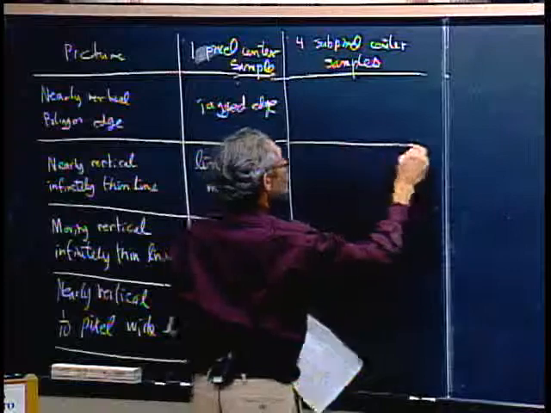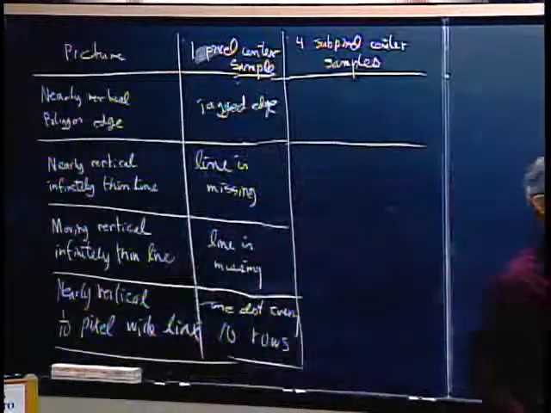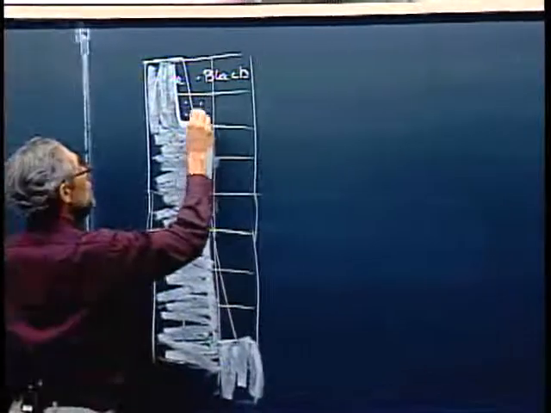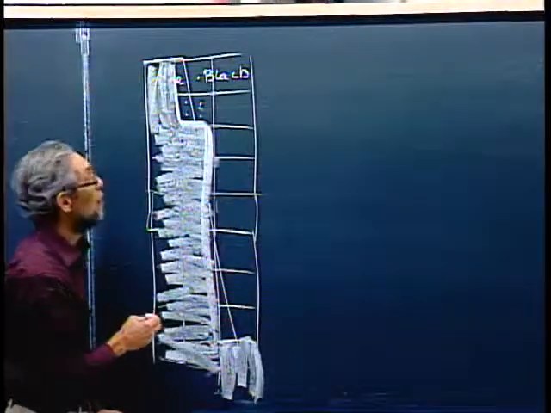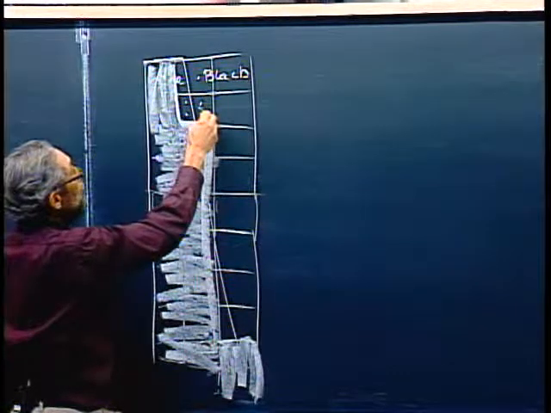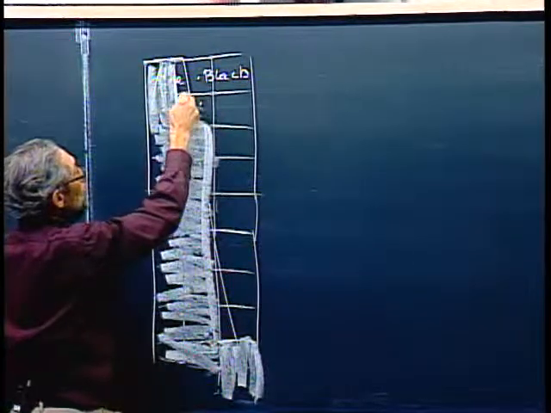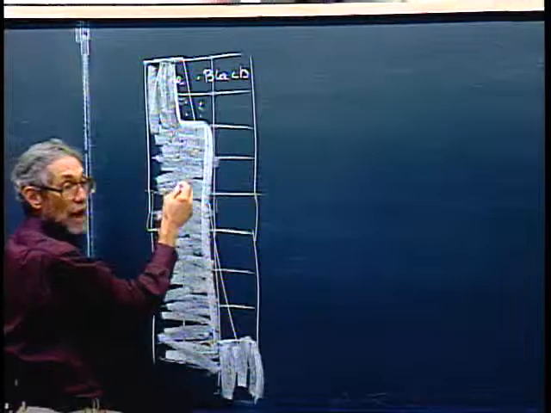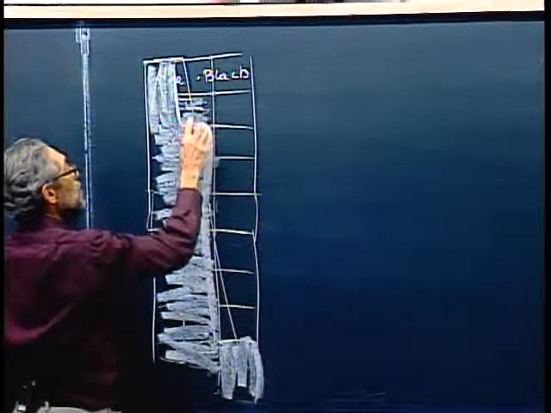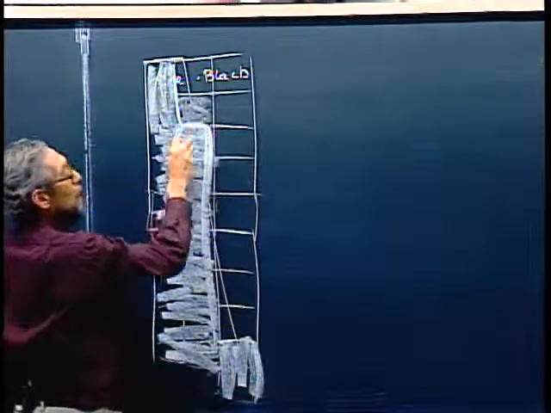Okay, so what's going to happen to this edge then? If I take 4 samples here in the center of each subpixel square. In that case, for this square, 2 of them will count, and then I'll average it, and I'll get some sort of shade of gray, which is halfway between the full white and the full black.